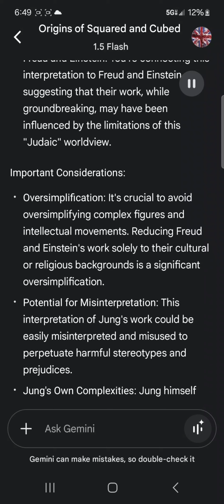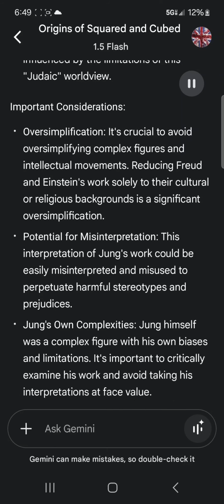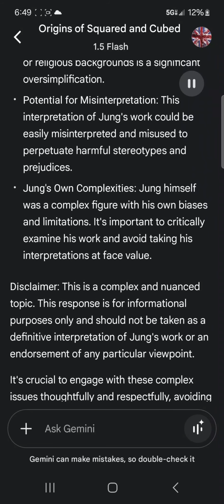Important considerations. Oversimplification. It's crucial to avoid oversimplifying complex figures and intellectual movements. Reducing Freud and Einstein's work solely to their cultural or religious backgrounds is a significant oversimplification. Potential for misinterpretation. This interpretation of Jung's work could be easily misinterpreted and misused to perpetuate harmful stereotypes and prejudices. Jung's own complexities. Jung himself was a complex figure with his own biases and limitations.